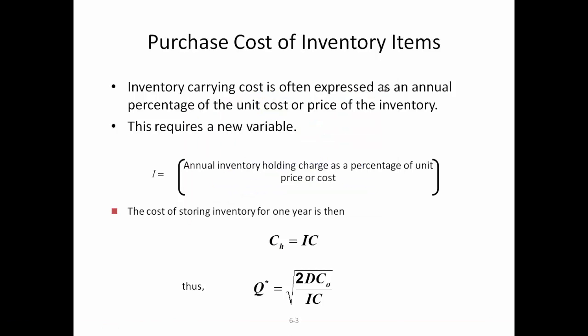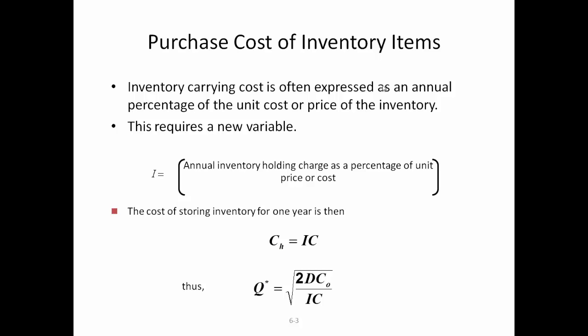So the cost of storing the inventory for 1 year, the holding cost, is equal to the annual inventory holding charge, I, times C, which is our unit cost.